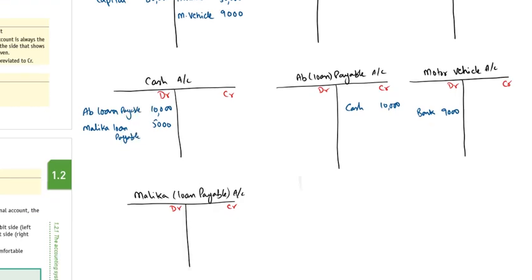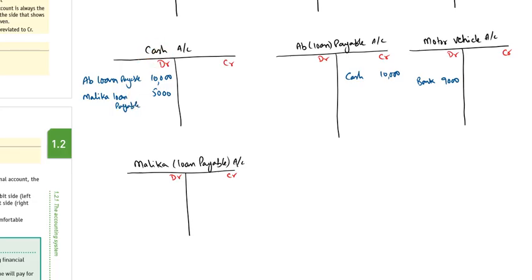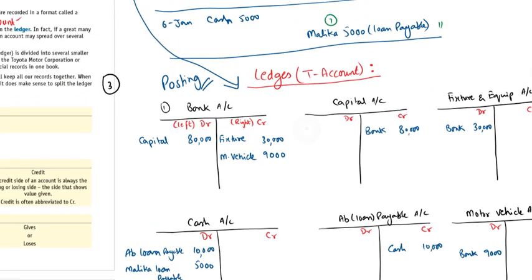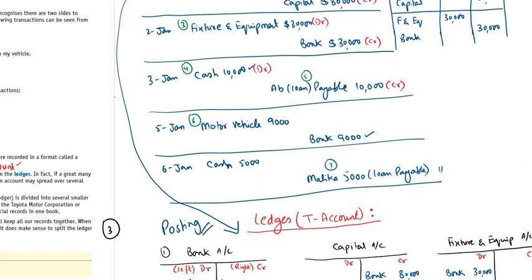So cash is debited, and the Malaika account will be credited against cash. So I will transfer all accounting entries from the business transactions to the ledger.